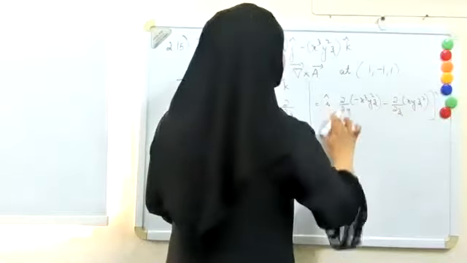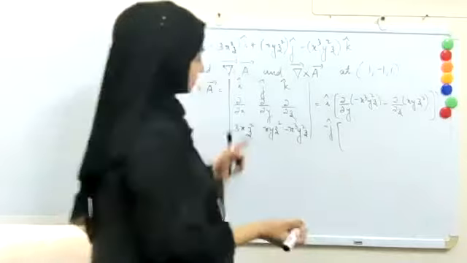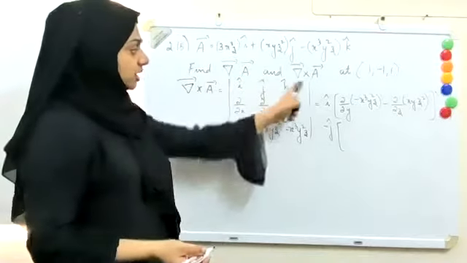This is for i, and minus j cap times, I have to eliminate this row and this column.